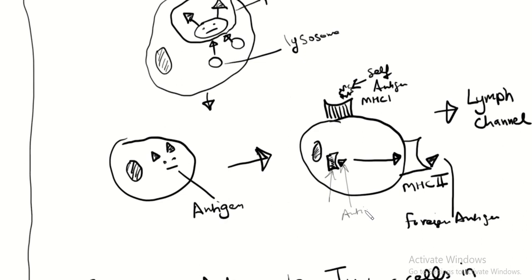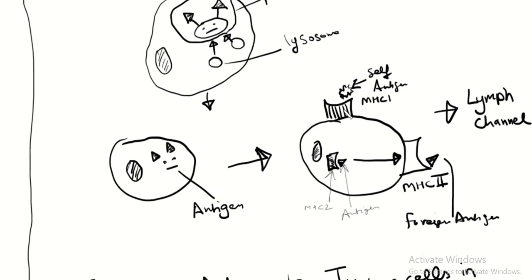So there's one antigen per MHC2, and that actually gets to the surface. So essentially, you have this antigen presenting cell that now presents the antigen on the MHC2 complex, which is the foreign antigen.